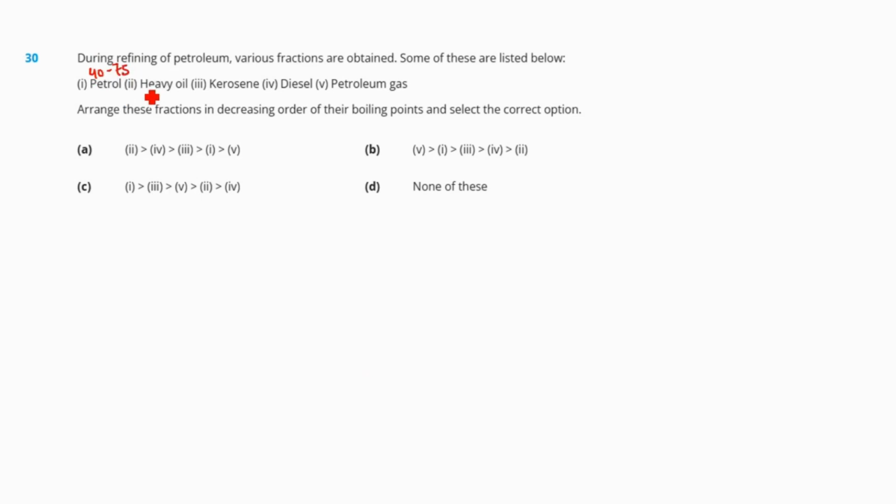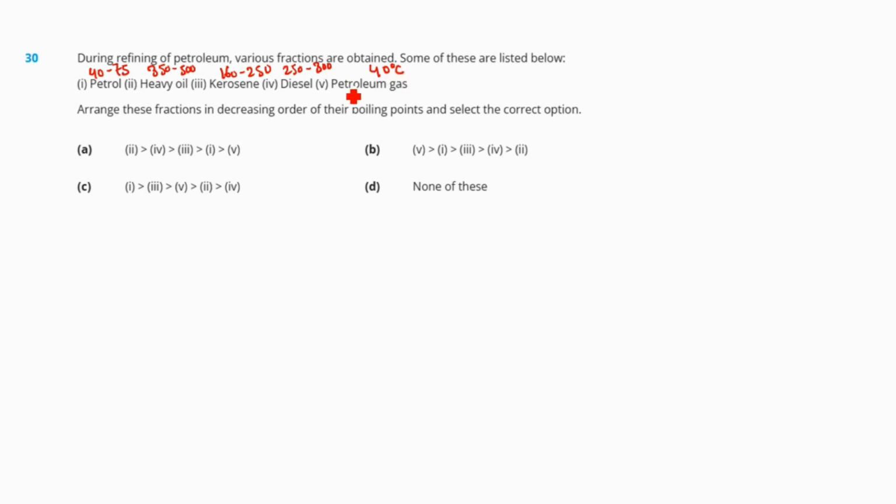For heavy oil, it is 350 to 500. For kerosene, it is 160 to 250 around. For diesel, it is 250 to 300. And for petroleum gas, it is below 40 degrees centigrade, right?